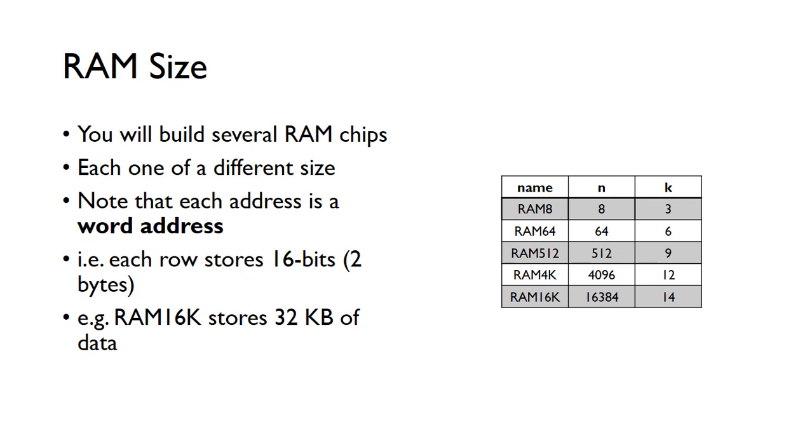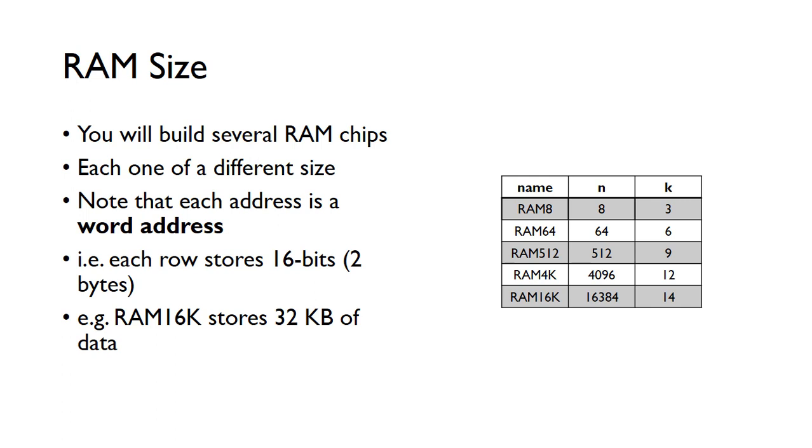So you're going to have to build several RAM chips as part of this. Each one's got a different size. But you need to know that each address is actually a word address, not a byte address, because the fundamental register that makes up these RAM blocks is a 16-bit register, a 2-byte register.